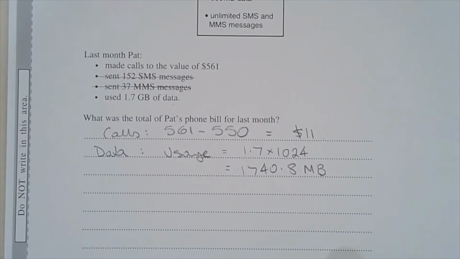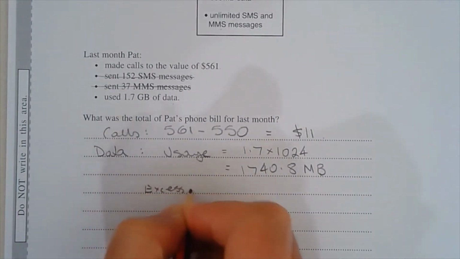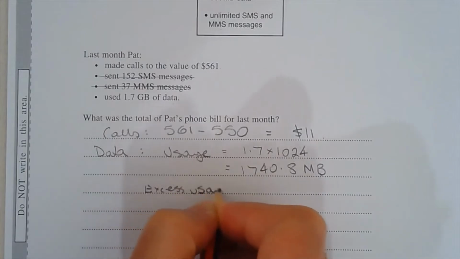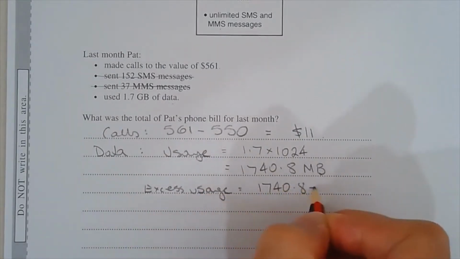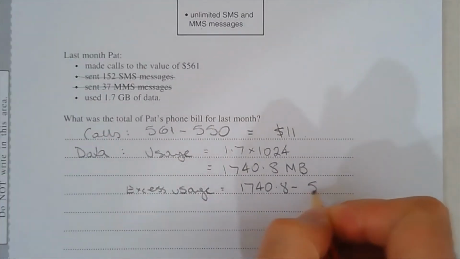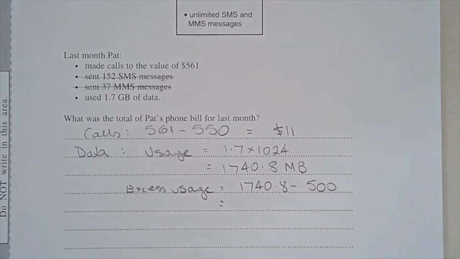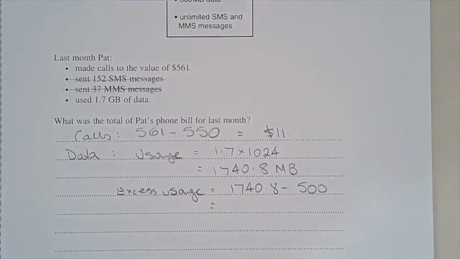So the excess usage is equal to 1740.8 minus 500 megabytes. So we'll subtract 500 from that, and we get 1240.8.